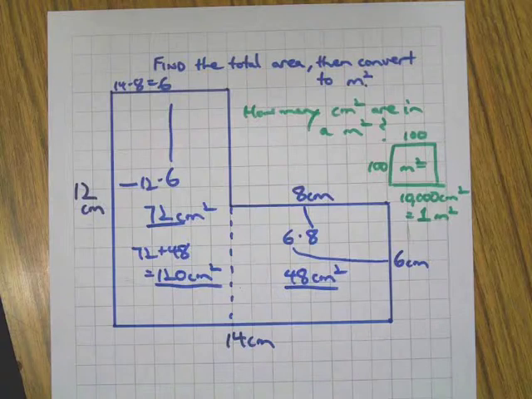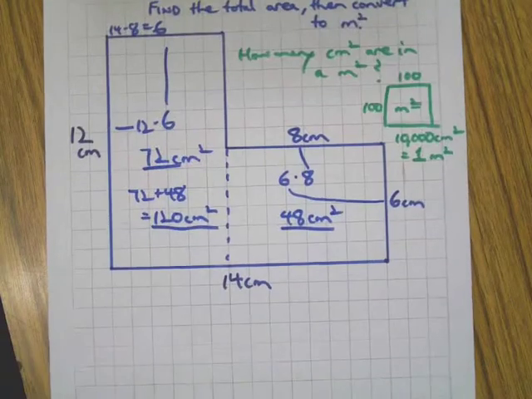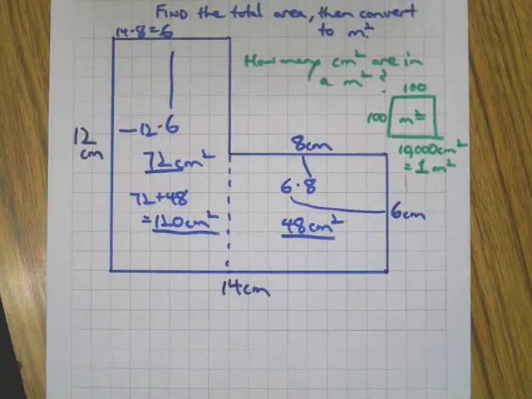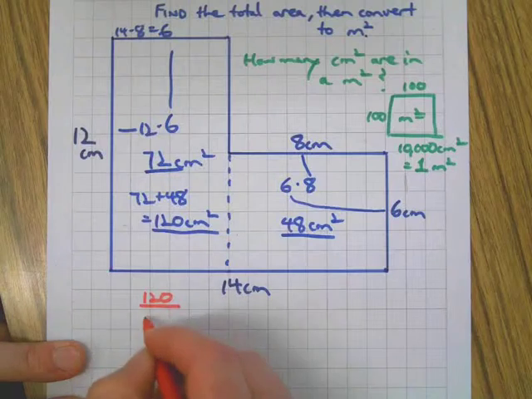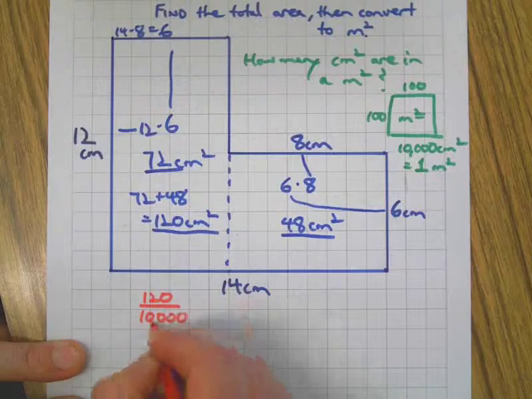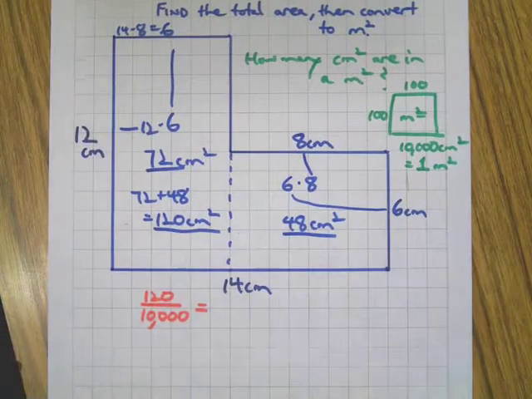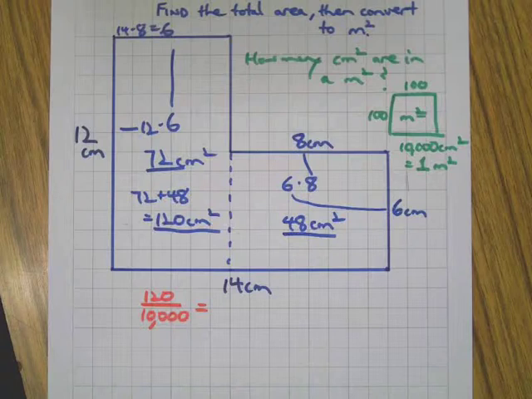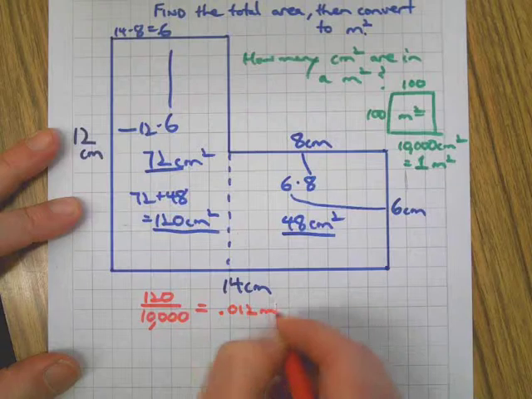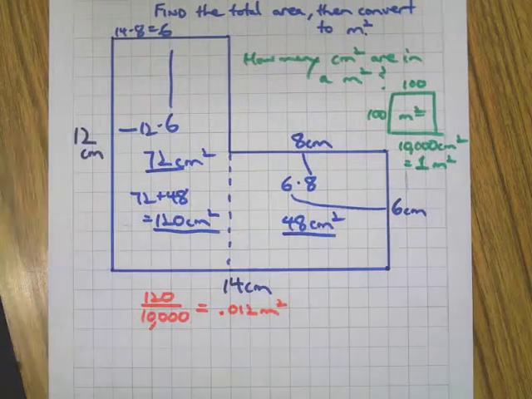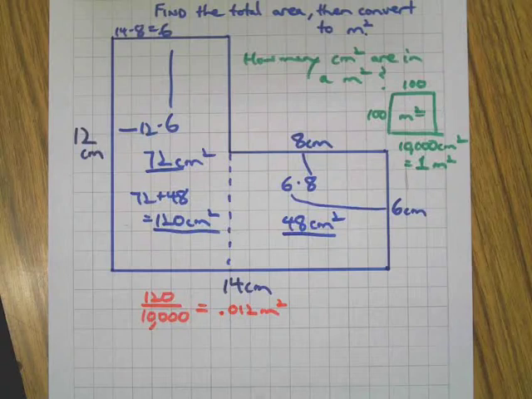So the way we're going to convert this then, so we roll down the page, is we take our total number and we're not going to divide it by 100, but we're going to divide it by 100 times 100, or 10,000, which is going to give us 12 thousandths of a square meter, which makes more sense, right?